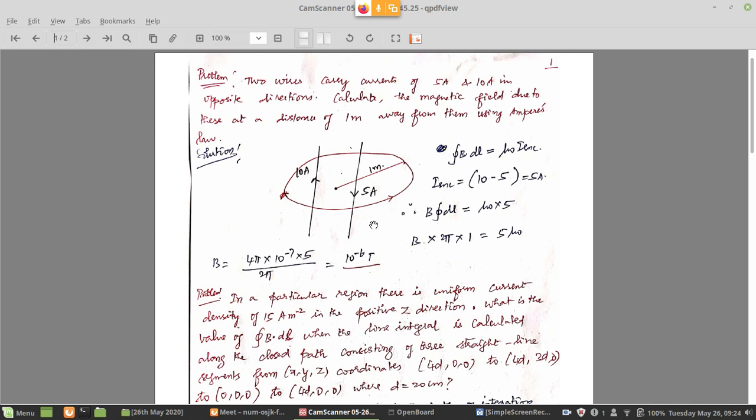Left side, what is there? B dot dl will be there. B is constant, so you are taking it out.